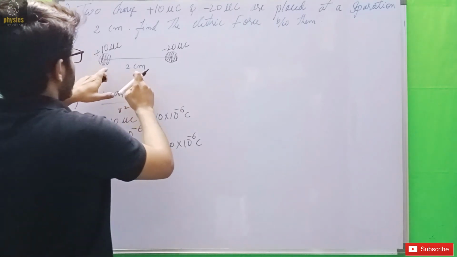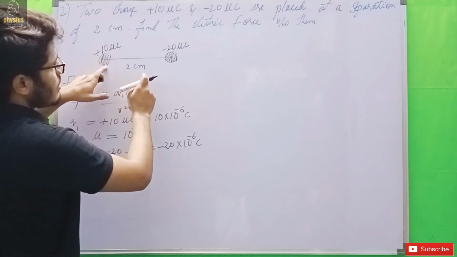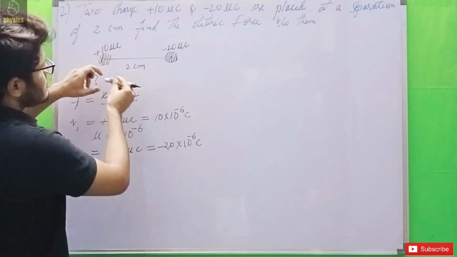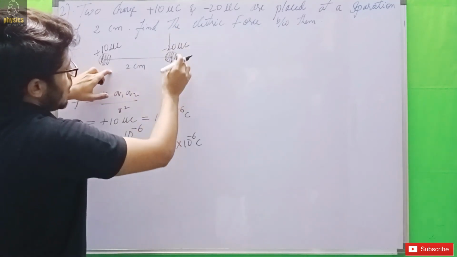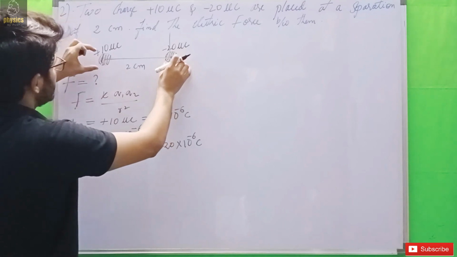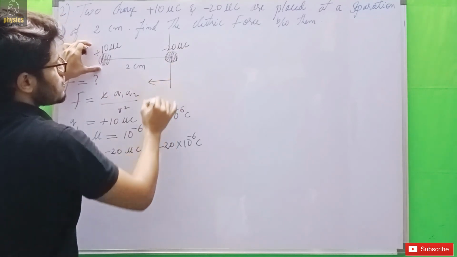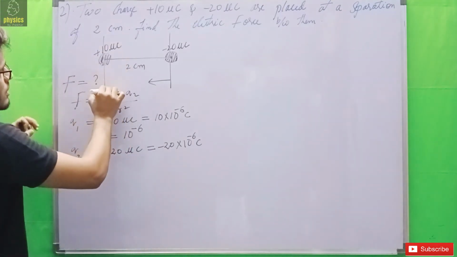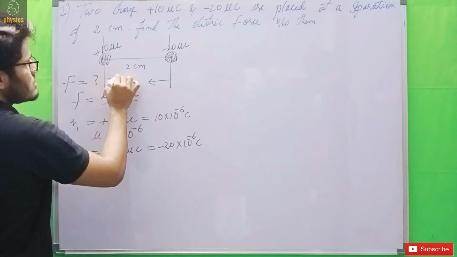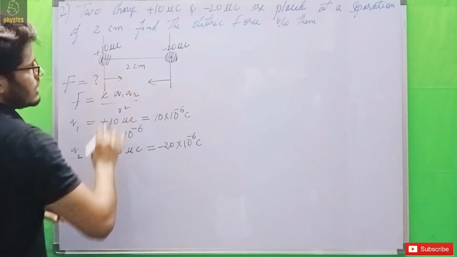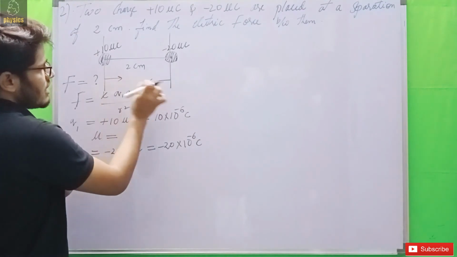Finally, we know the direction of the force. If we are finding the force on this particle due to this one, the direction of the force will be this way. If we are finding the force on this particle due to this, then it will be towards this. So these arrows will tell you whether the magnitude gets a minus sign or not.